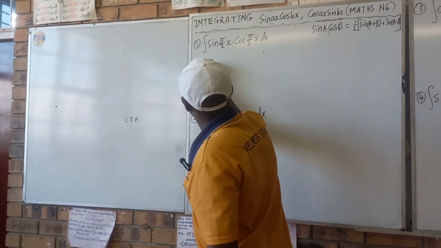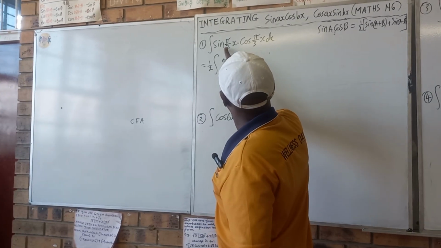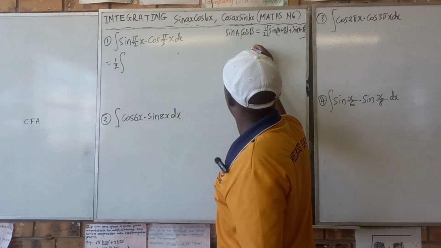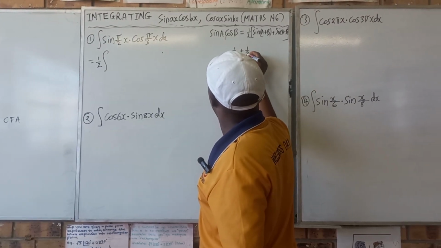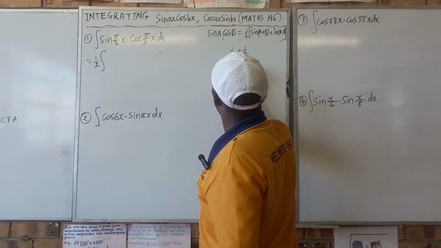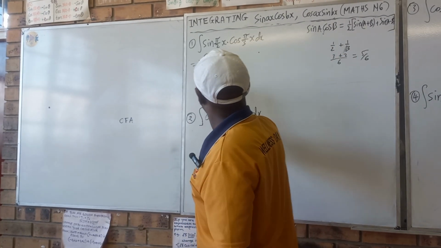So I'll be just taking my constant out. So that is the integral of sine pi over 2 plus pi over 3. So I can add my pi over 2, it's like 1 over 2 plus 1 over 3. If you can do that with a calculator, it's fine, but if not, this should give us 5 over 6. Yeah, you can just add with a calculator, you'll see that.